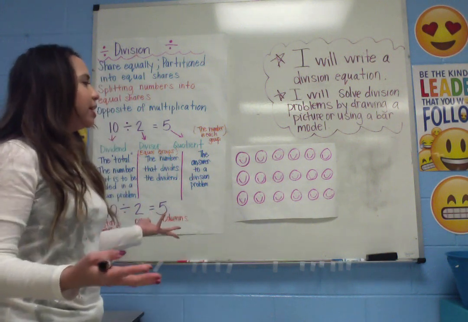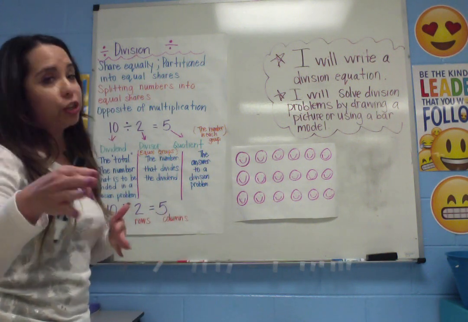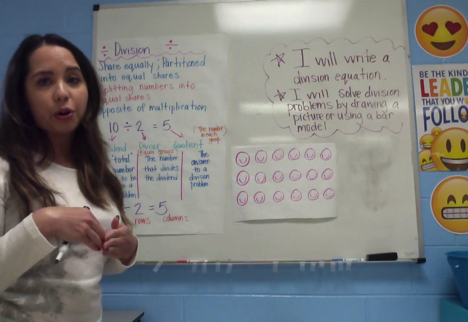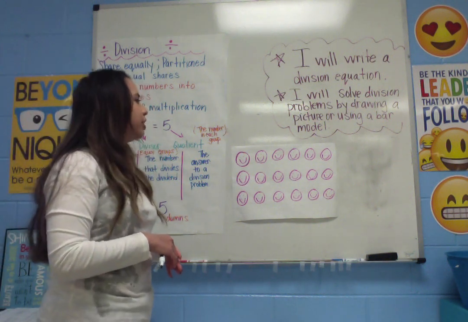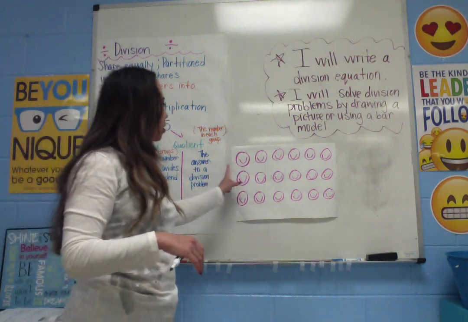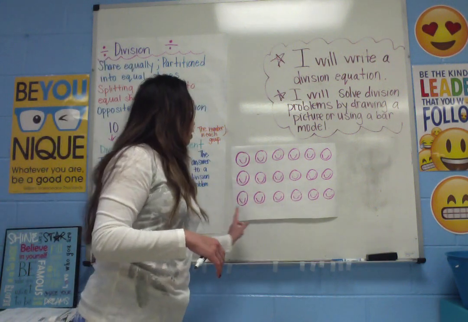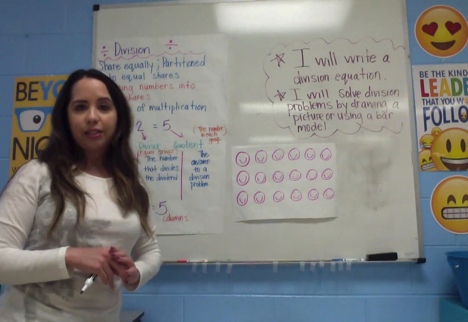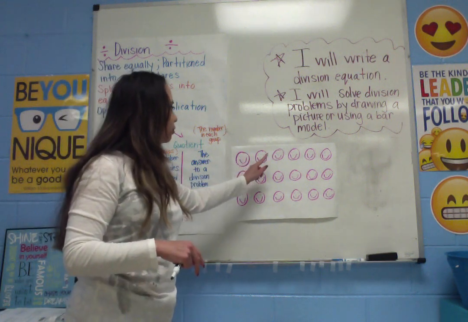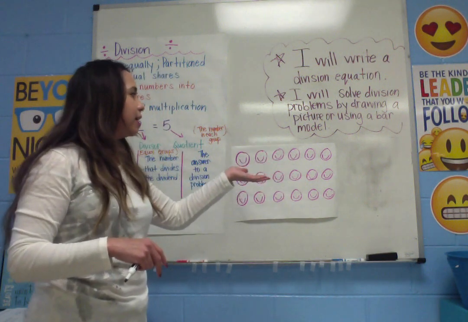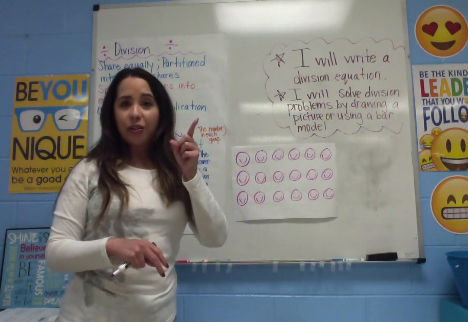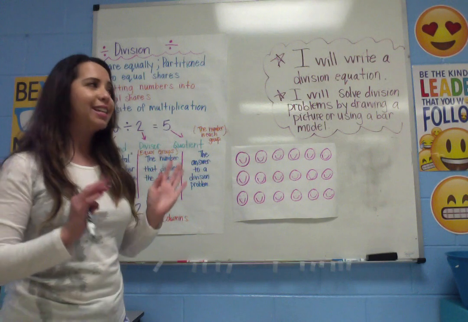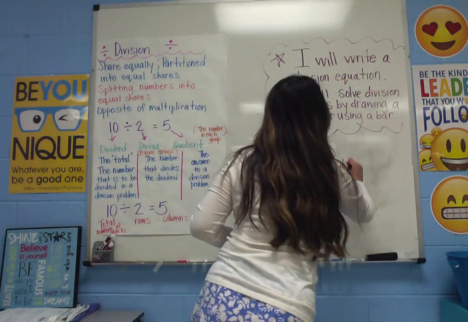Instead of counting by ones, which you can do, I want to work smart and not hard. I can use my multiplication facts to help me find the total. There are 1, 2, 3 rows of smiley faces, and there are 1, 2, 3, 4, 5, 6 smiley faces in each row, 6 columns. I know that 3 times 6 is 18.